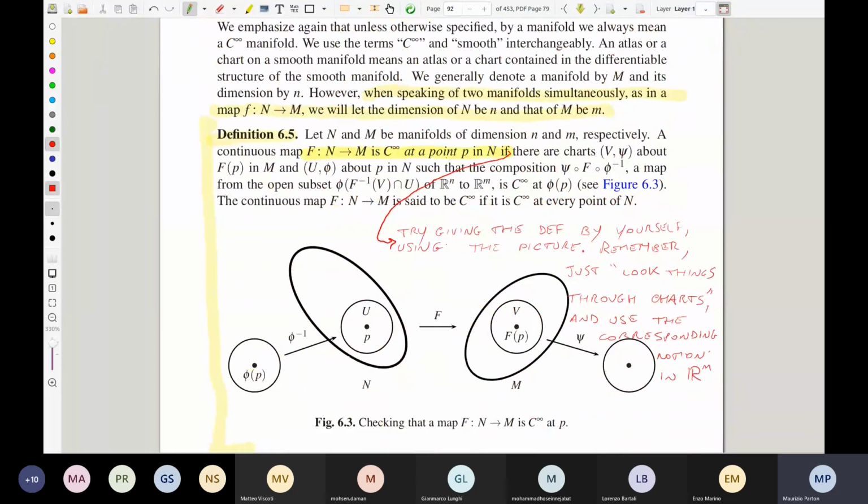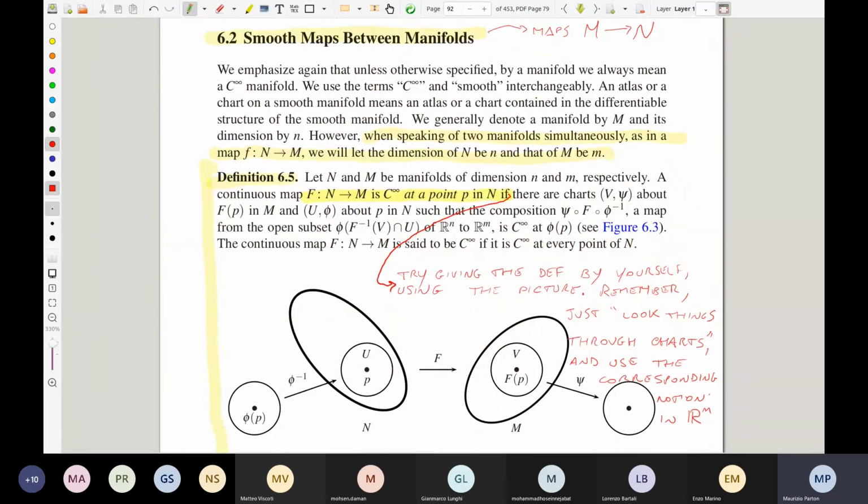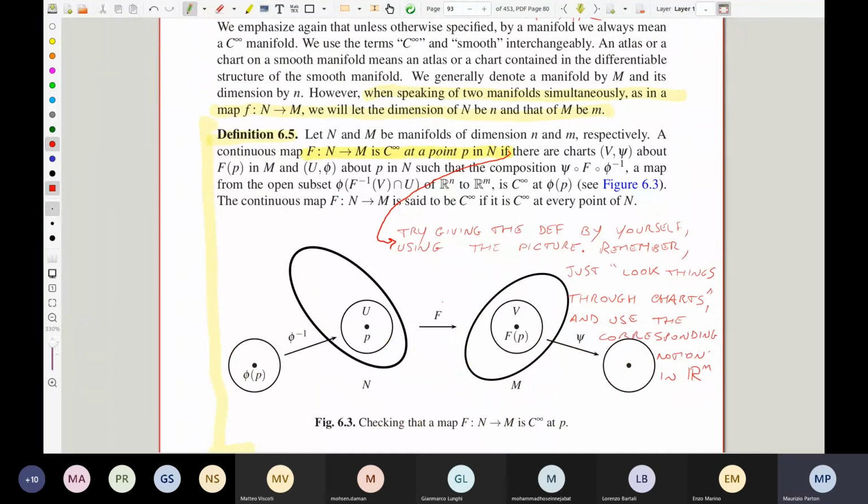Okay. For the moment, I told you what smooth functions are, that is maps from M to R. But now I will tell you what smooth maps between two differentiable manifolds are. As usual, this is a map between two manifolds, right? But each manifold locally looks like Rn. This map will be called smooth when, as a map from Rn to Rm, it is smooth.